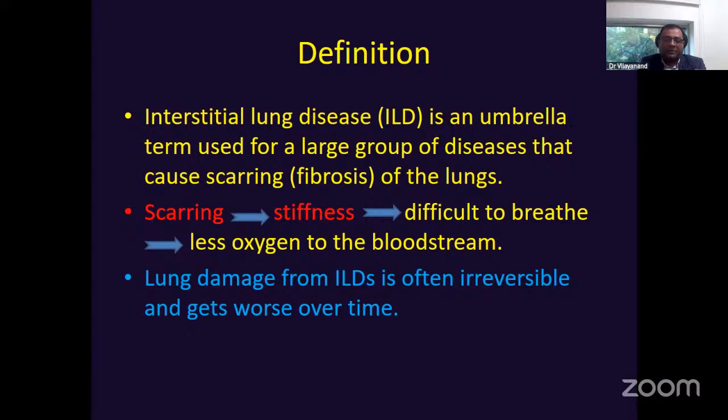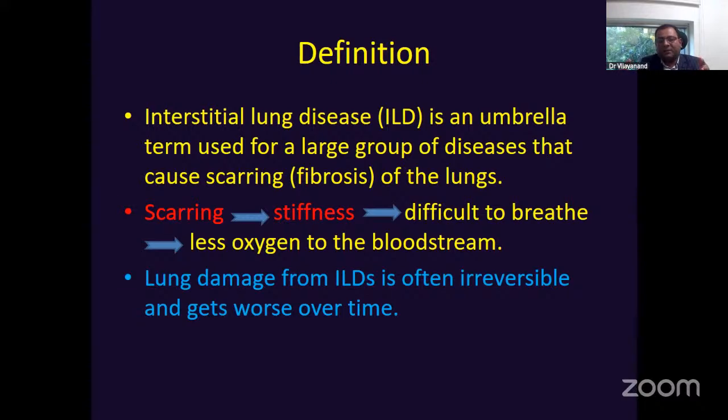So what happens when there is scarring? When there is scarring of the lung, it leads to stiffness of the lung. Because of the stiffness, there is loss of elasticity of the lung, and the expansion of the lung becomes less. Because of this, there is difficulty in breathing because there is loss of elasticity of the lung.